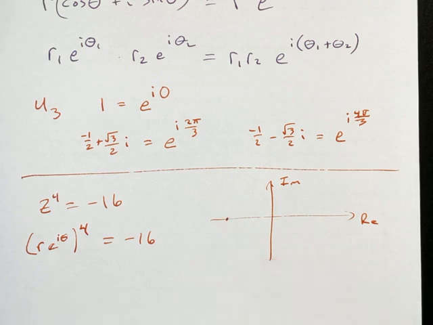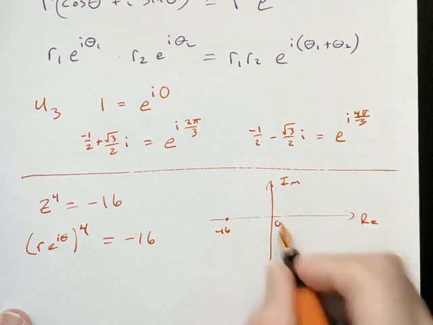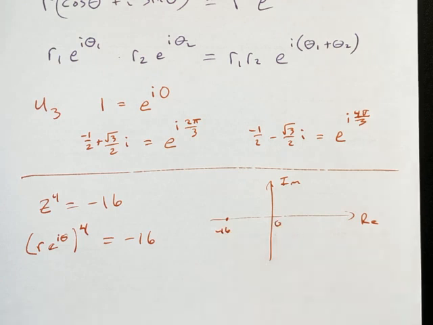What's the radius? How far away from 0 is that? Yay. What angle is that? That one's 180. I'm going to stick to radians, so I'm going to call it pi. So I will rewrite this as 16 e to the i pi.